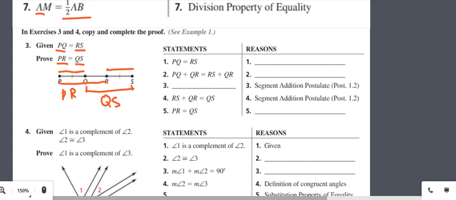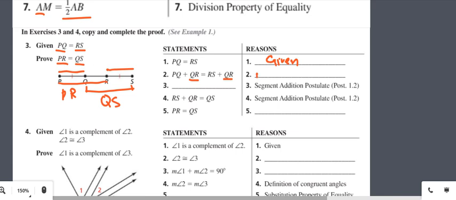So if you just see what is happening, we are given the length of PQ and RS, and they are equal, so we have to add the same number on both sides. That's what we are going to use here. We have PQ is equal to RS, it was given to us. Then now I am adding QR on both sides of the equation.